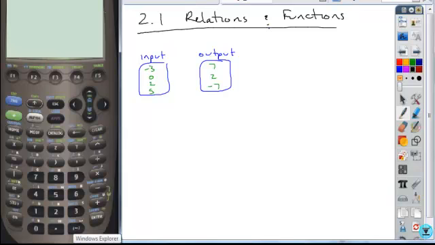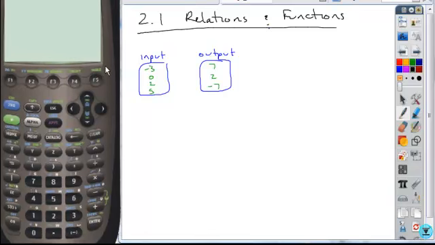All right. Reviewing the stuff that we talked about in 2.1, we looked at the way that relations are set up. We found some were set up as ordered pairs. Another way that you might see relations set up is this visual method of input and output.